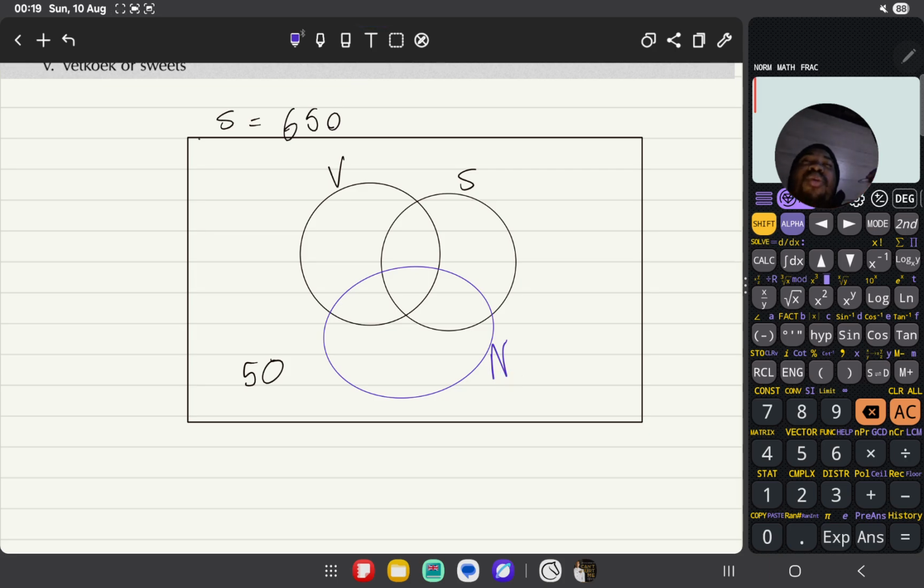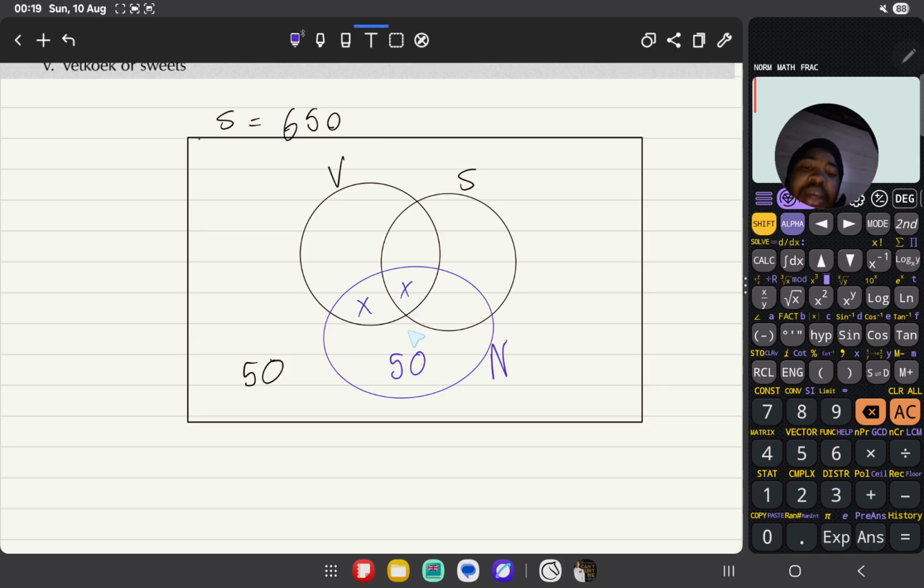This person will only be correct if he puts the 50 here. So there will be no number here, and no number here, because anywhere here would say our guy bought nothing and fat cooks, which doesn't make sense. Either you bought nothing or you bought fat cooks.